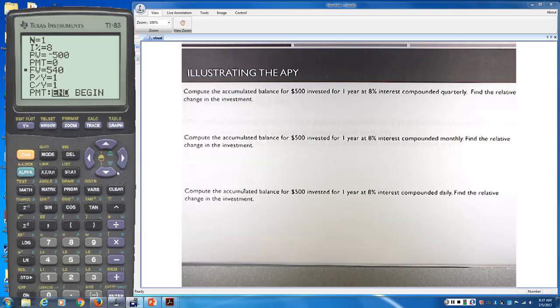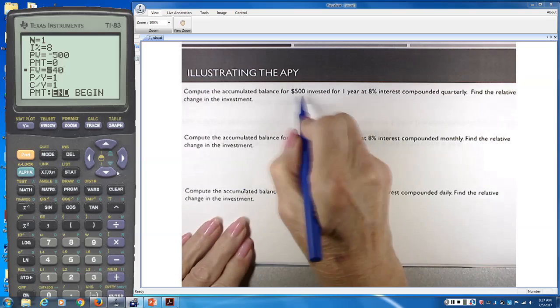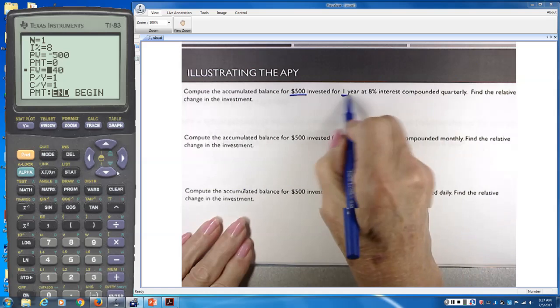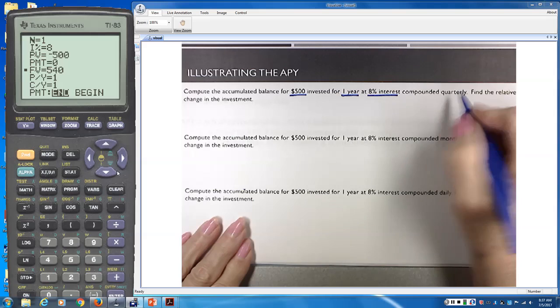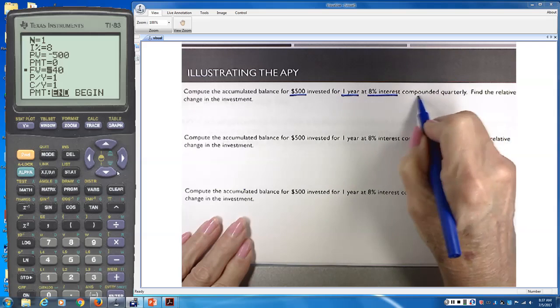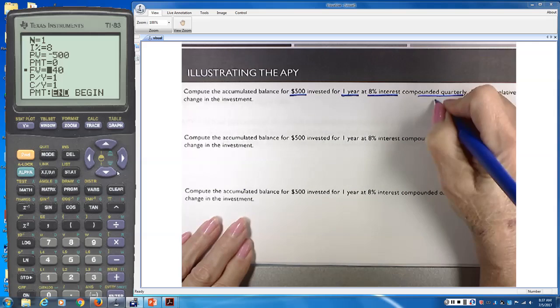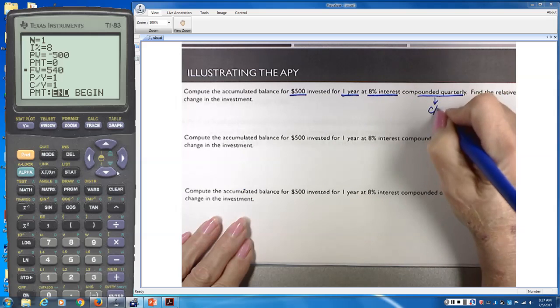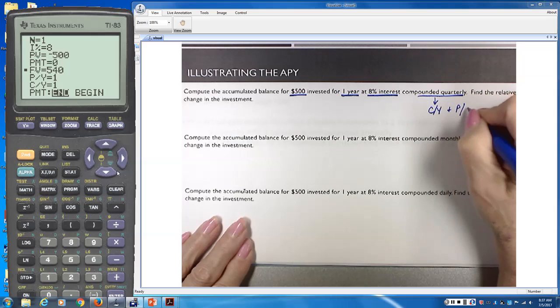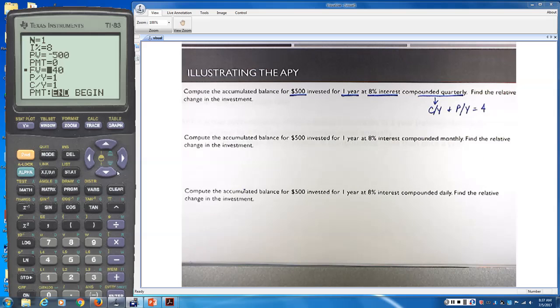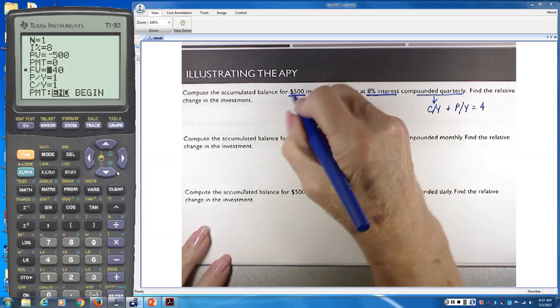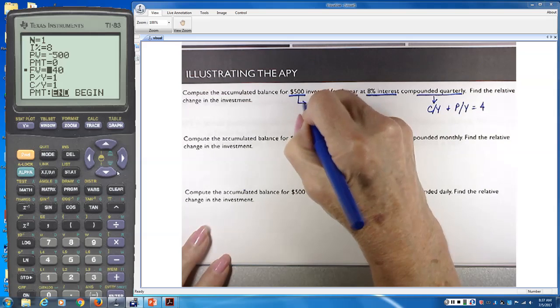So again, we're going to take $500 for 1 year at 8% interest, but this time we're going to compound it quarterly, which means 4 times a year. So when we set up our TVM solver, this is going to be the present value once again.